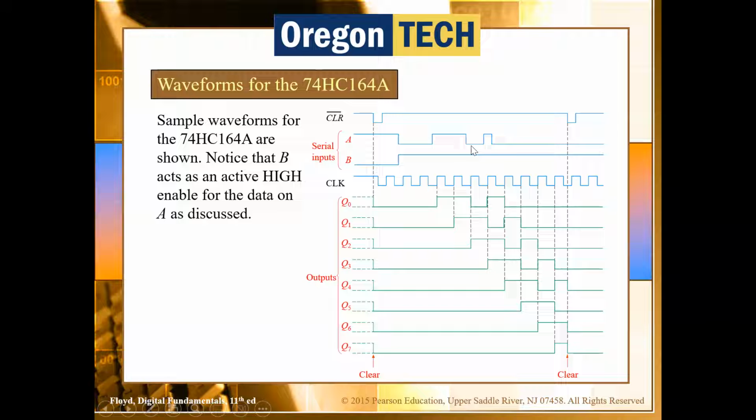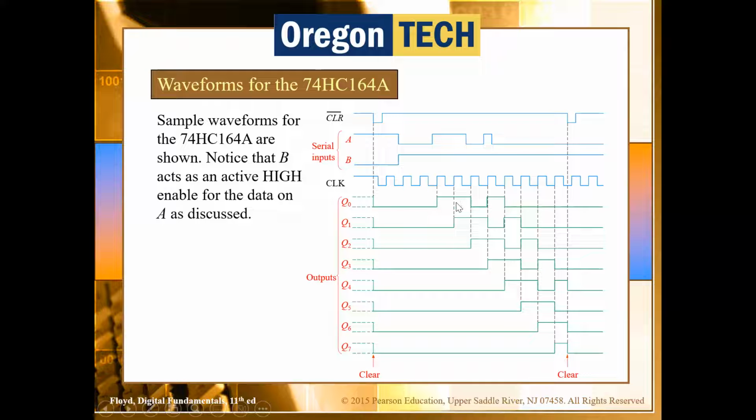This clock A is low, so I go low. Then this clock A is high, so I follow it. Please note here, A has changed, but I'm not going to change until the next clock here. This clock, I get low.